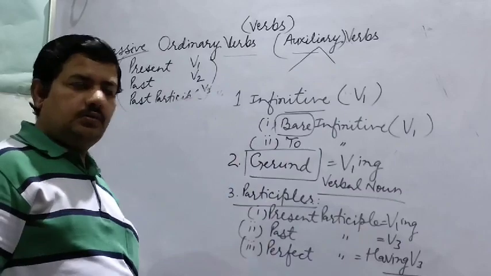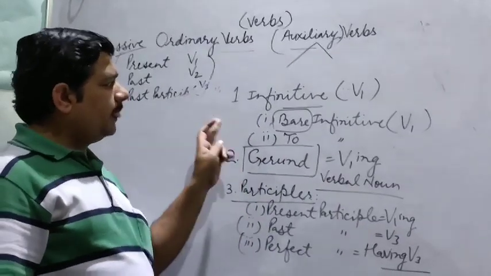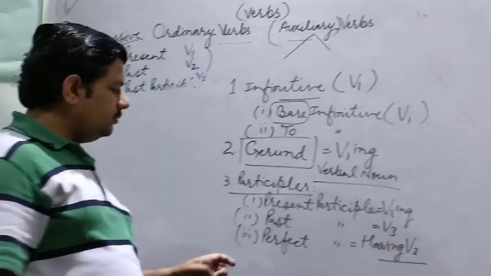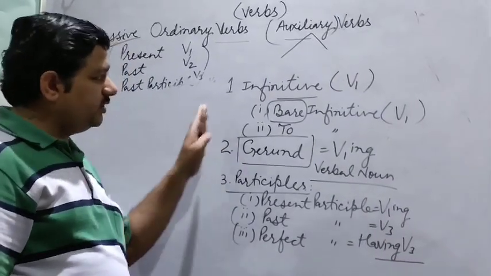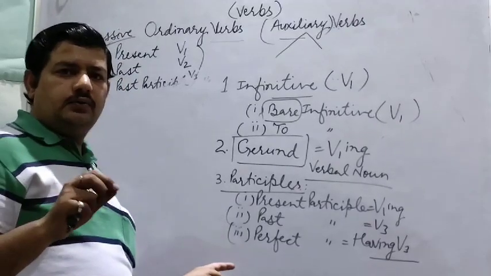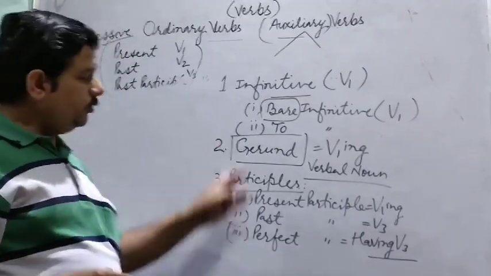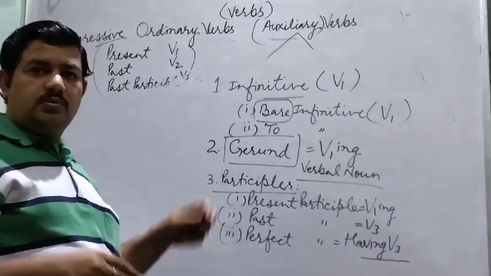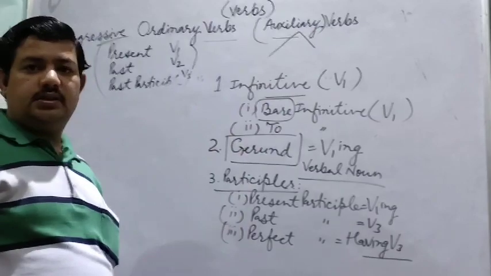It's a very important chapter. After clearing all your doubts about this chapter, you will feel a little bit of change when you speak or write, if you practice according to these things.